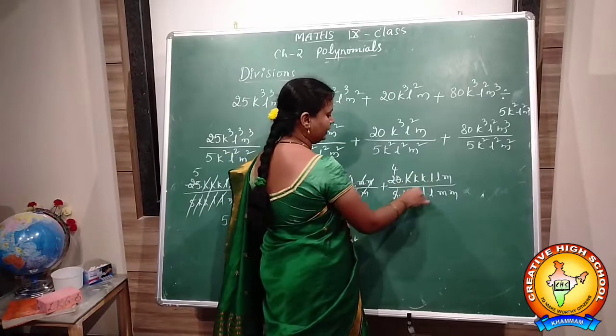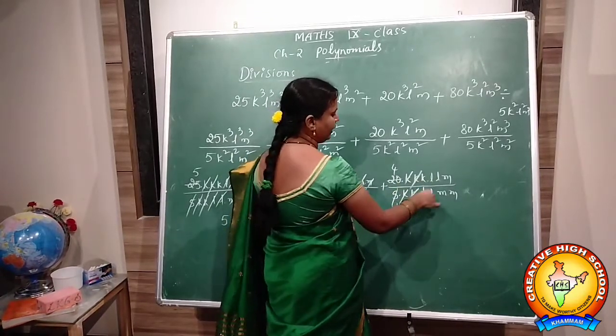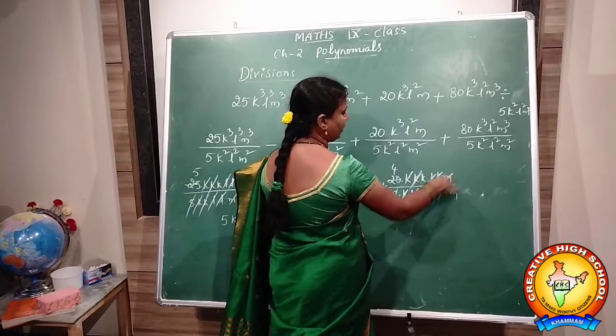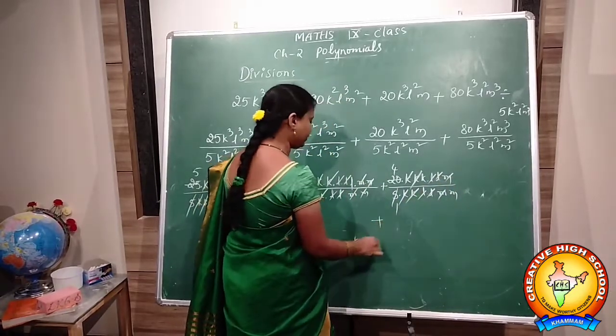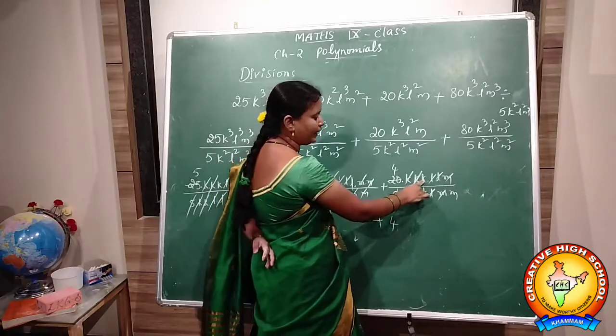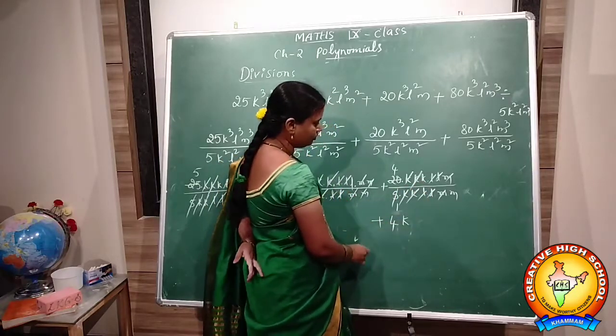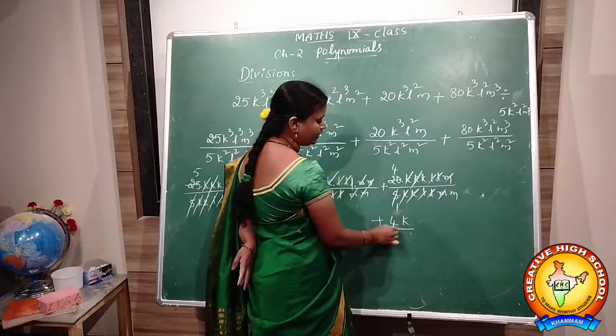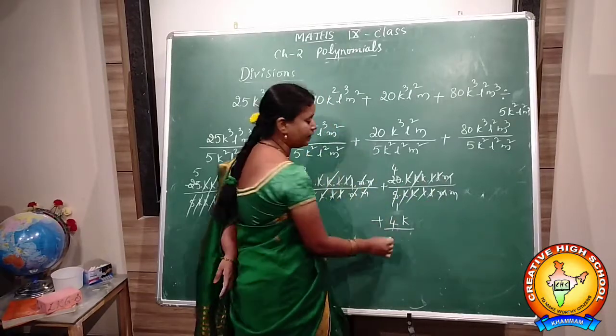K gets cancelled, K gets cancelled, L cancelled, only one M cancelled. So what is left here? Plus 4, 1K is left in the numerator. What is left in the denominator? Only one M is left in the denominator.